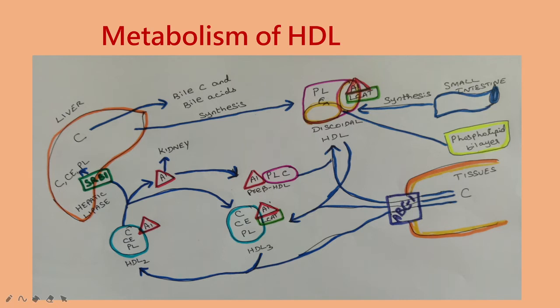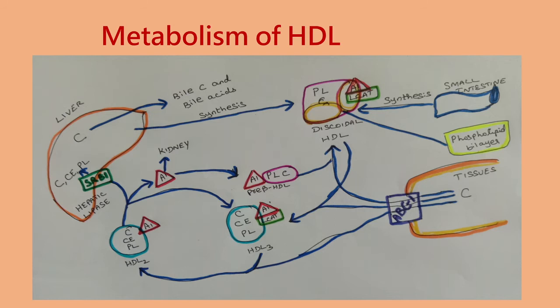So HDL binds to the receptor via apoprotein A1. Apoprotein A1 is necessary for the binding of HDL with this HDL receptor SRB1 in the liver, and cholesterol ester is selectively delivered to the tissues.